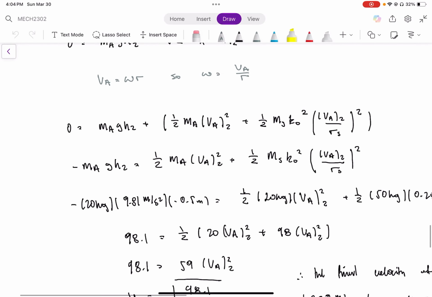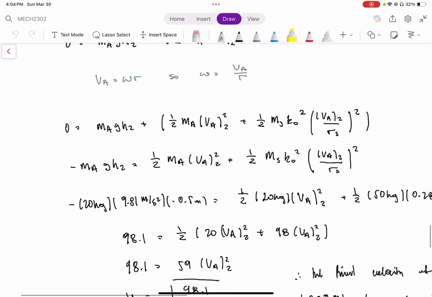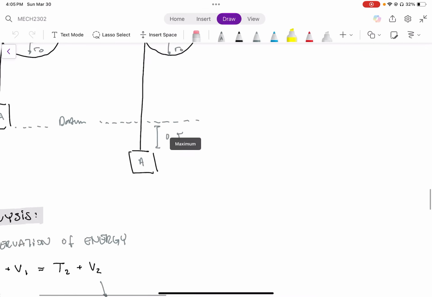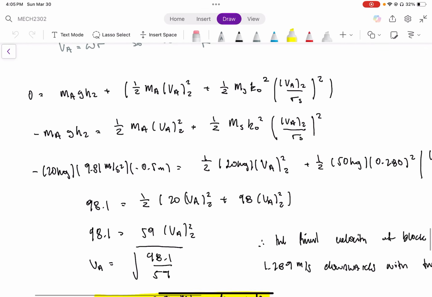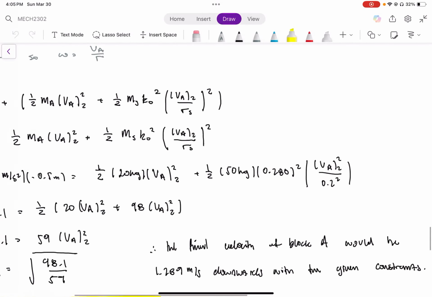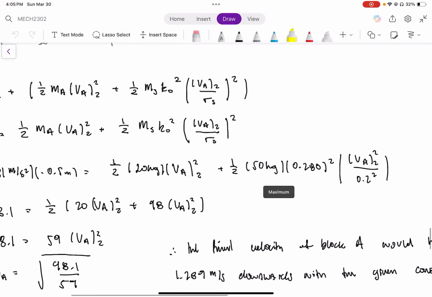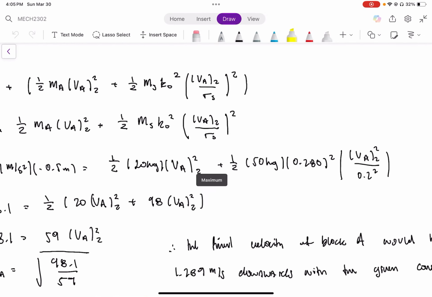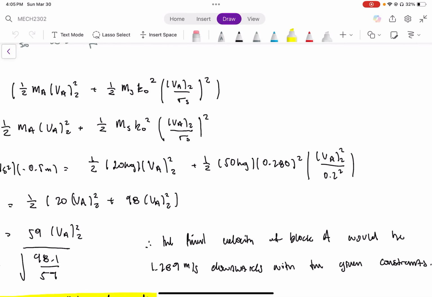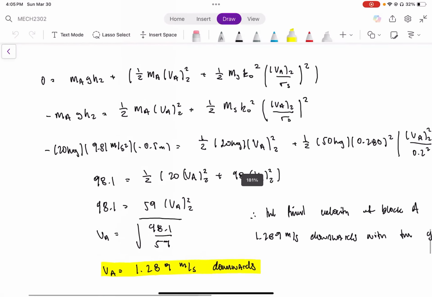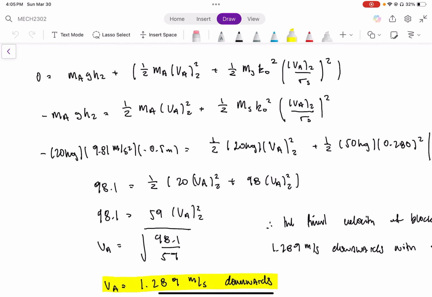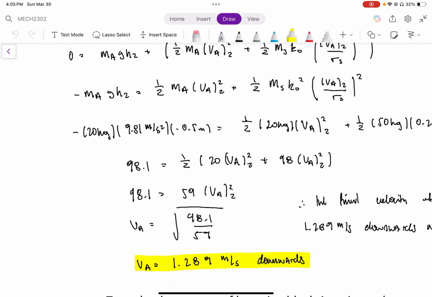We substitute all the known values: the mass A, gravity, the height h2, which is negative 0.5 because it's moving downwards, and the variables here, and we're solving for VA2. So VA2 is a variable that's squared, just clarifying it. And substituting here, we are simplifying everything, and here we're solving for VA2.